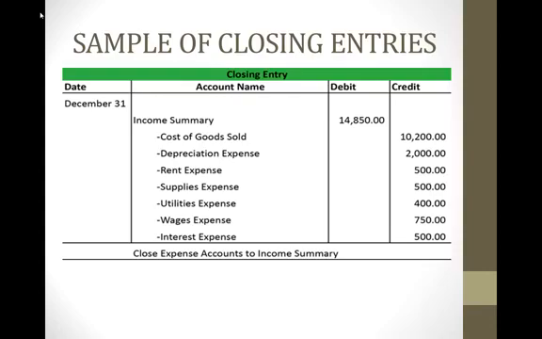Kasama po siya sa closing entries. Ang entry po sa pag-close ng drawing account is debit owner's equity, and then credit drawing account. Yun po ang apat na example ng closing entries.